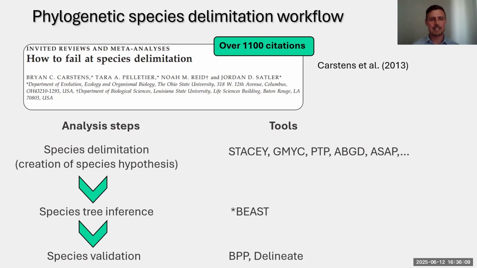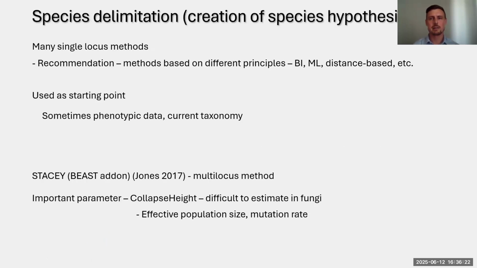Then the second step is inference of the species tree, and the final step is species validation. So now I will go through each of these steps in more detail.